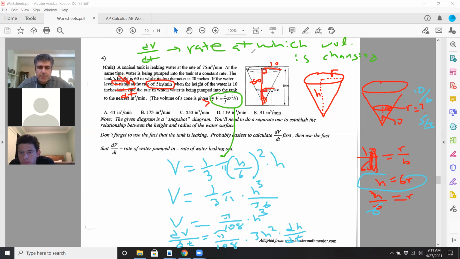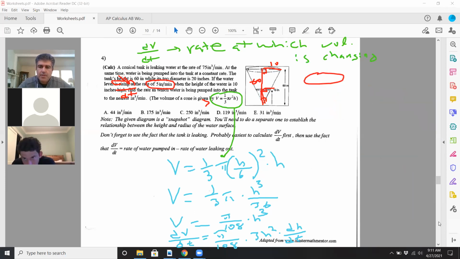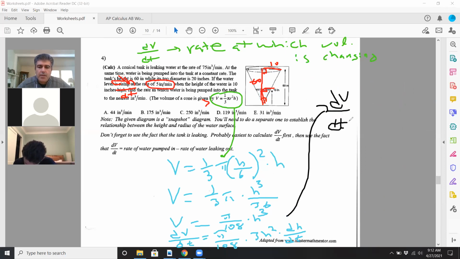Substitute the stuff that we know. dV over dt equals 3 over 108. That reduces to 1 over 36. So pi over 36 times H squared. Remember, H is 10, so times 10 squared.